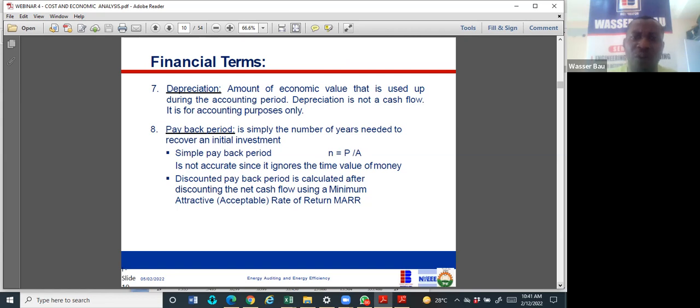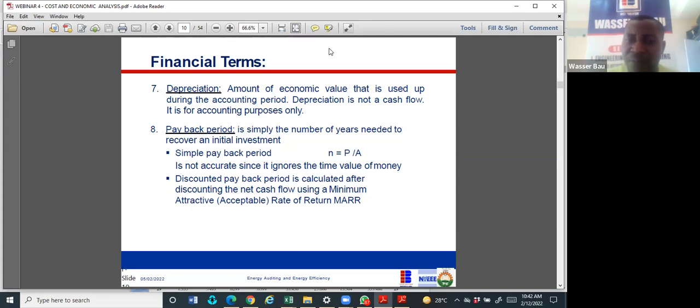Depreciation is the amount of economic value that is used up during the economic period. Depreciation is not a cash flow. It is for accounting purposes only. Payback period is simply the number of years needed to recover an initial investment. So when you hear payback period, it simply means, if I invest 100,000 and they want to pay me back 20,000 every year, my payback period will be 100 over 20, which is 5.